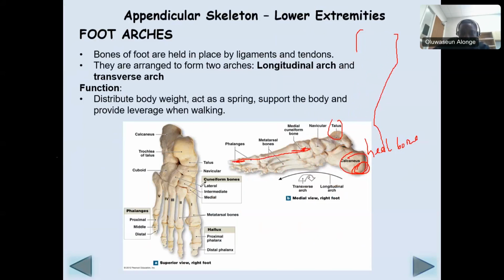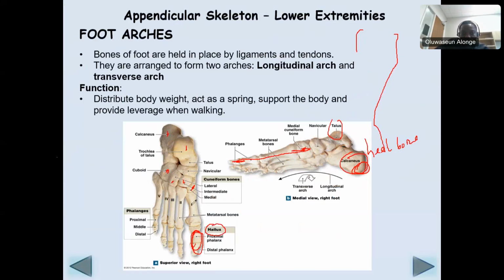You see, the medial cuneiform is here. Here is your great toe, we call it the hallux, like I told you earlier. Here you have the cuboid, and again, this is the talus here, and this is the calcaneus. So it's simple to learn for the foot.